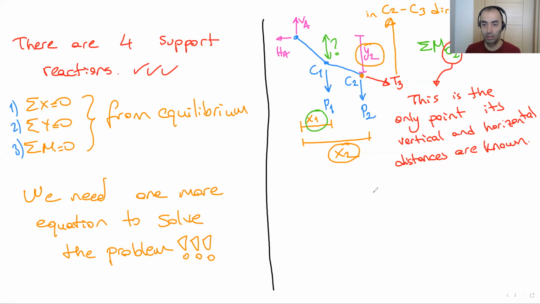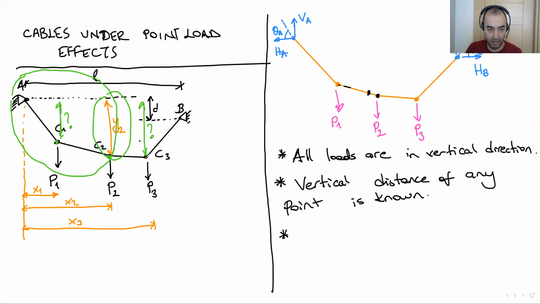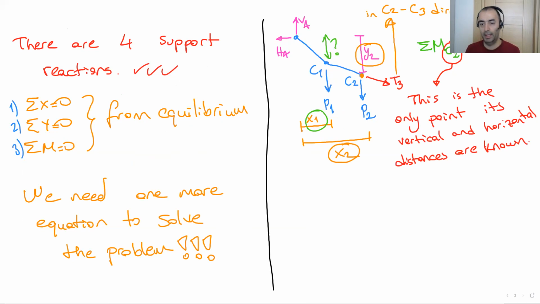This T3 goes directly from C2 to C3. Remember, C3 is around here. We don't know. Let me show you. Here, C3 here. T3 is in this direction.